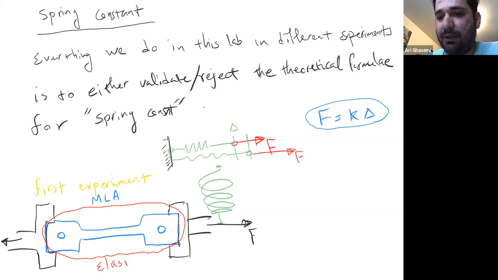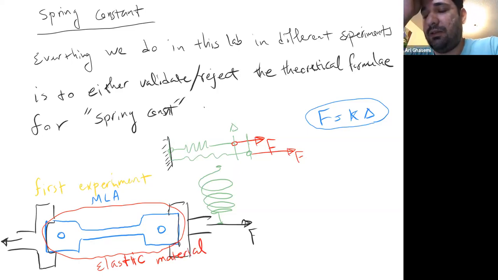In this lab, elastic material. Sometimes they call this lab elasticity, because we're talking about materials that can change length. So when I apply force here, this specimen is going to deform. I'm trying to draw the deformed shape. It's going to shrink a little bit, and the length is going to increase like that, you see?